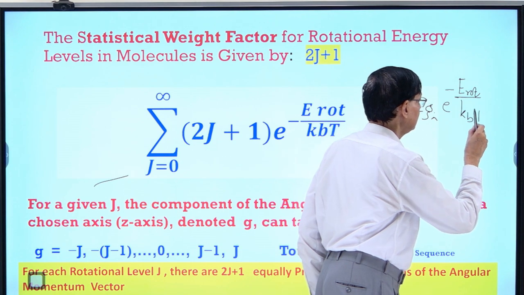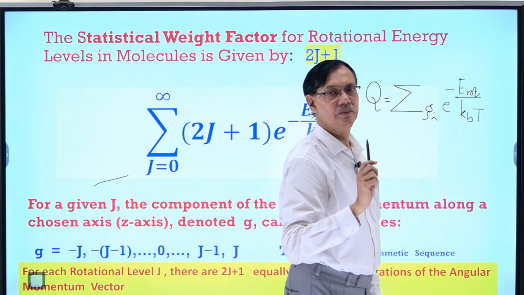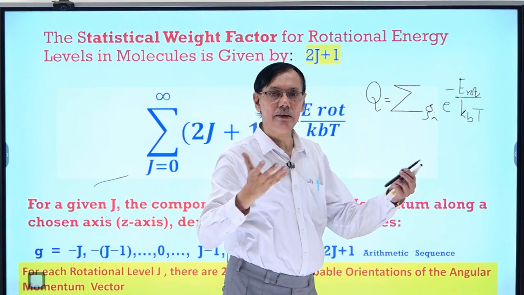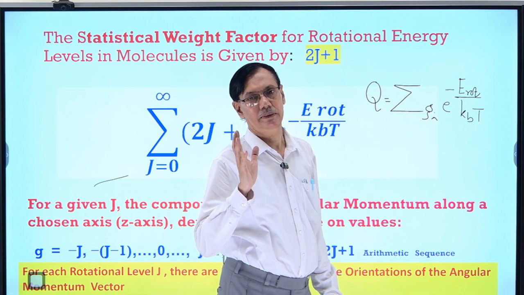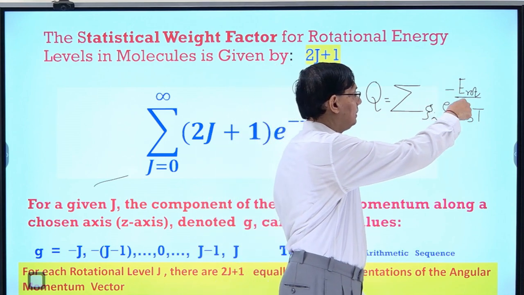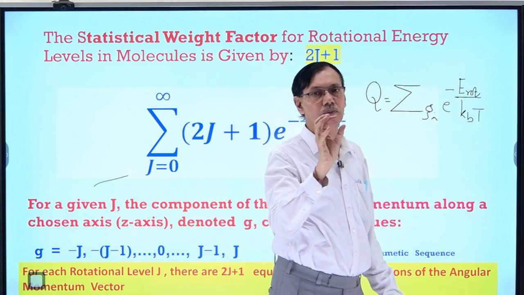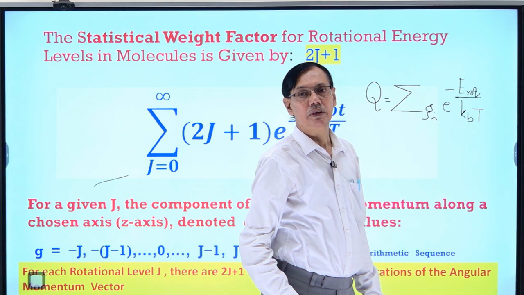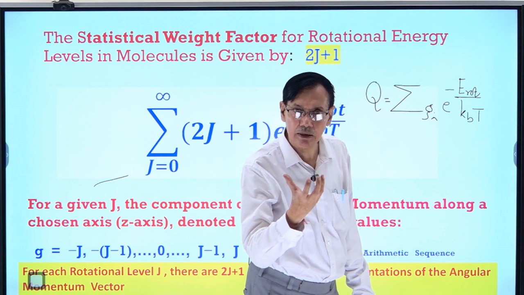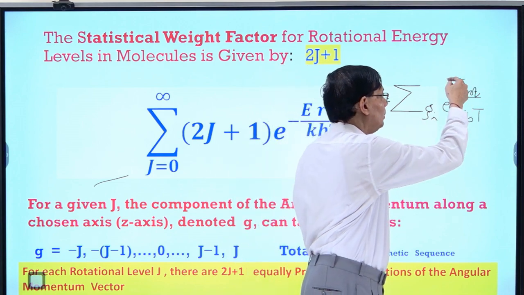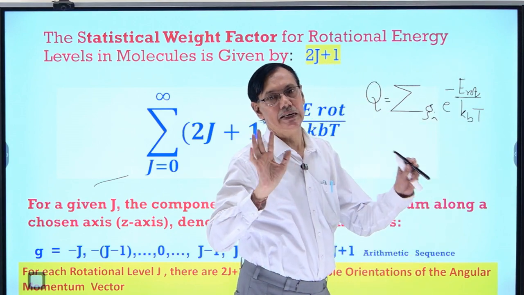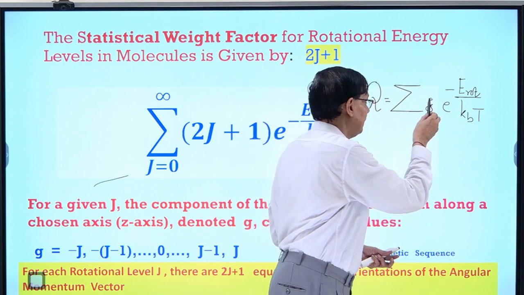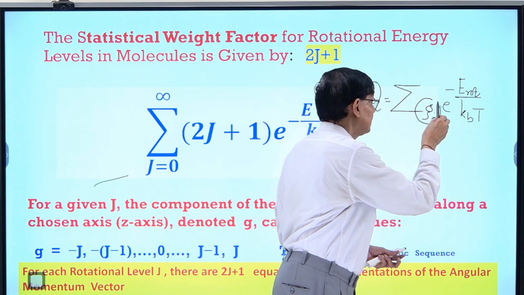Do I make my point clear? This is the simple formula for calculation of any partition function. Now, if I am talking about the translational, I have to substitute the value of translational energy. If I want to calculate the rotational partition function, I have to substitute the value of rotational energy. That's all.